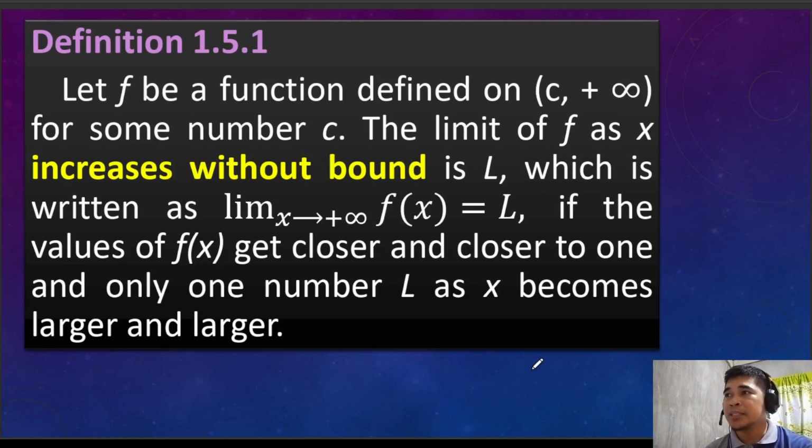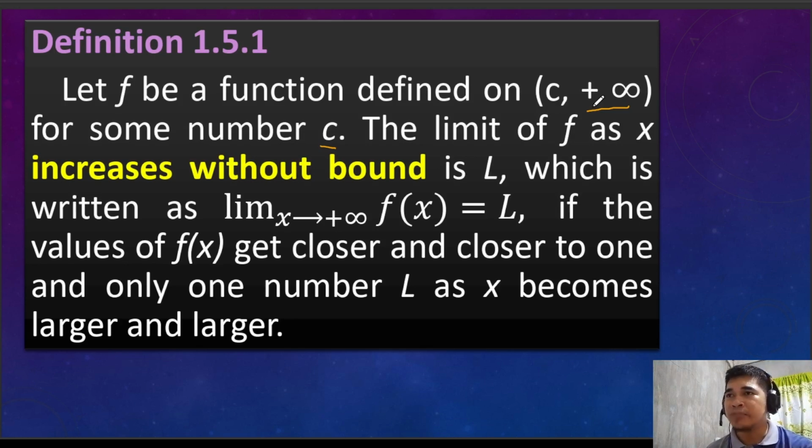1.5.1. Let f be a function defined on the open interval C and positive infinity for some number C. So take note, our positive infinity is at the right side. So kung baga sa Cartesian plane, the right side of x is the positive one.